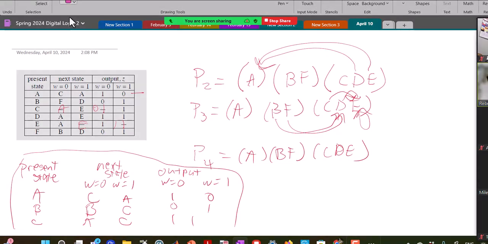So since there are 2 that are incompletely specified, that gives you 4 different possibilities, not even accounting for the fact that you have different possibilities for the next state as well. You clearly want to choose the next state to be the one that gives you the best outcome if you can see what that's going to be. But that's how you would do that.